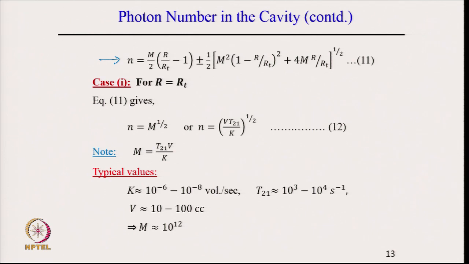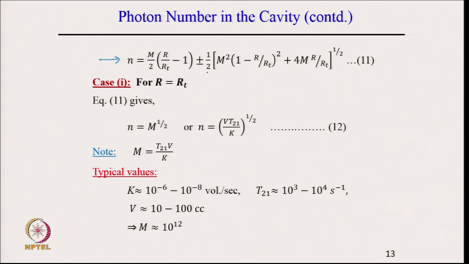Now, first case: R is equal to RT. We are taking this case-wise because there are R by RT minus 1 terms, and therefore, if we take R is equal to RT, the first term is 0, the second term here is 0. So, what we are left with is only this with a half outside. Equation 11 gives n is equal to m to the power of half.